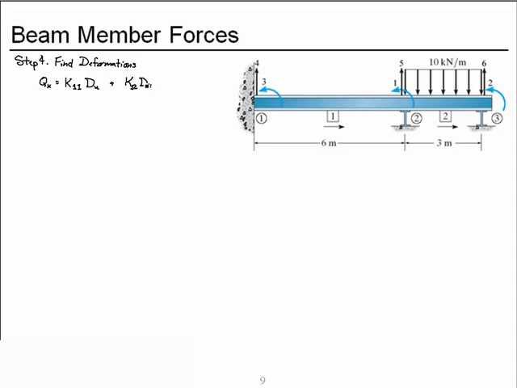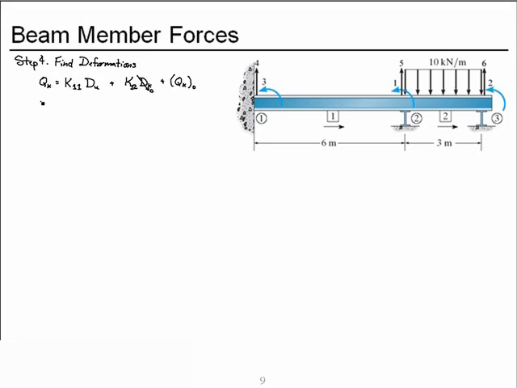This would be things like support settlements. We have none, so that is 0. And at our unconstrained degrees of freedom are fixed end forces in global coordinates. But for a beam, global coordinates and local coordinates are the same.